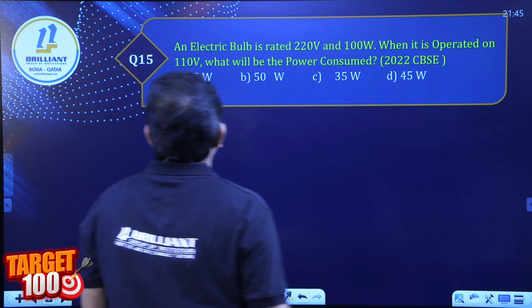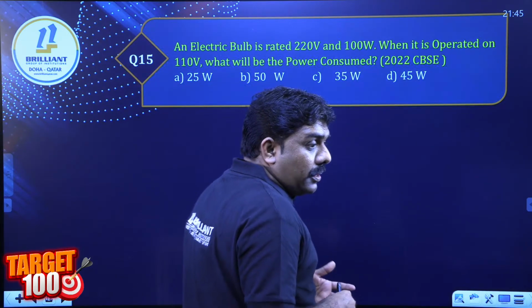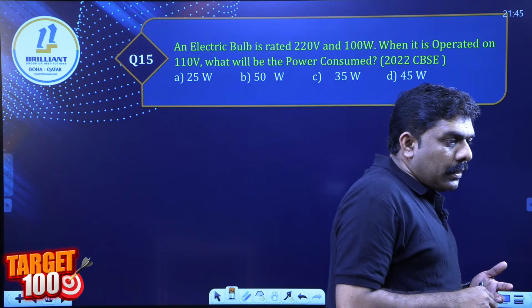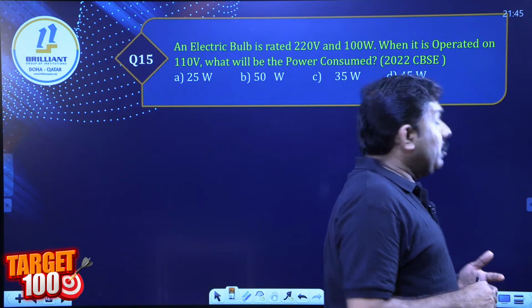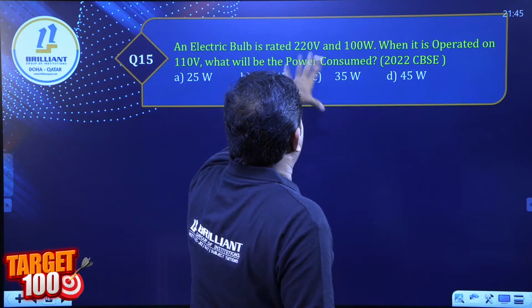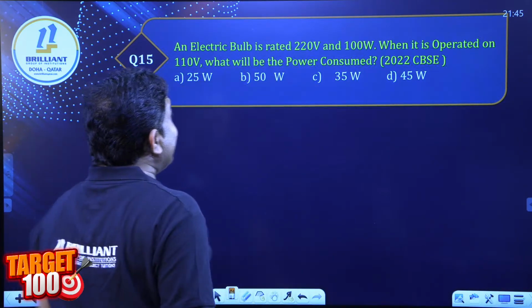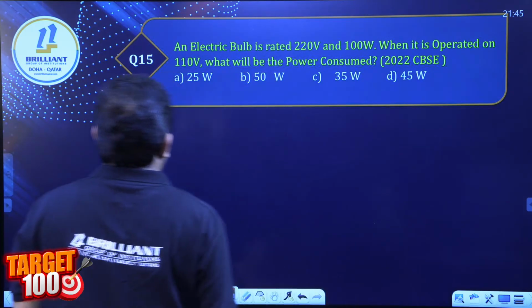Now look, an electric bulb is rated 220 volt and 100 watt. When it is operated on 110 volt, what will be the power consumed?